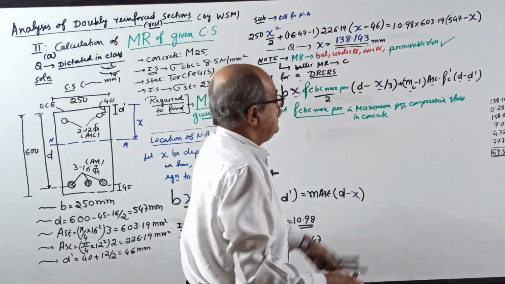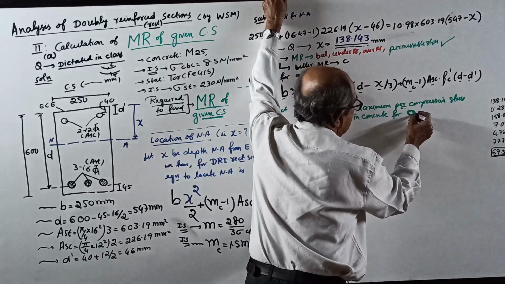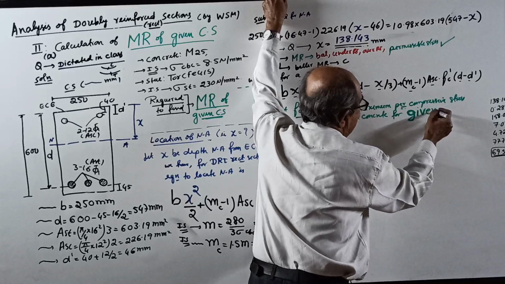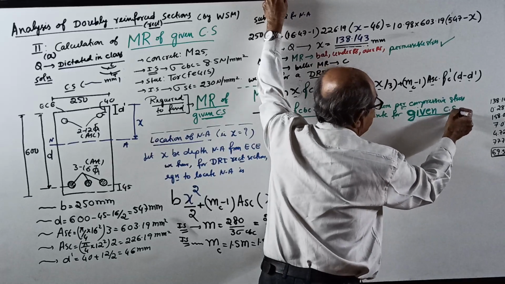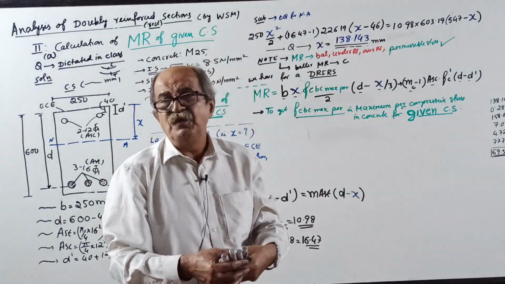Very, very important for the given cross section. Why given cross section? Because it depends upon whether the section is under reinforced or over reinforced.